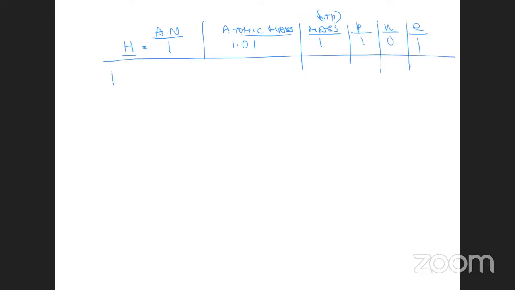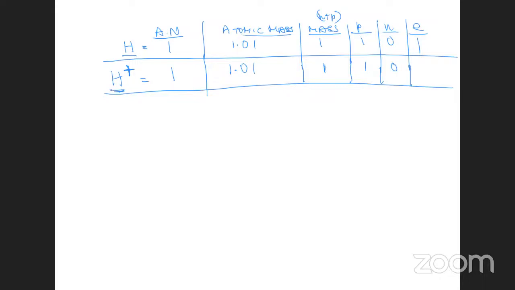Suppose I tell you H has a charge of plus 1. Then the atomic number is still 1. The mass would still be the same, because mass is contributed not by the number of electrons, but by the number of neutrons and protons. So the mass would be 1, because it's a calculation. The proton would be 1. Neutrons were not there at the beginning, so it will still be 0, because we are talking about the same hydrogen, which is actually protium.